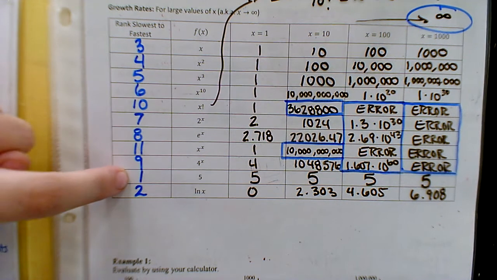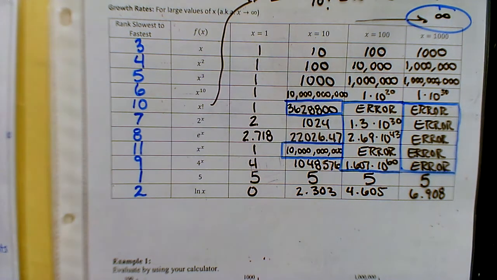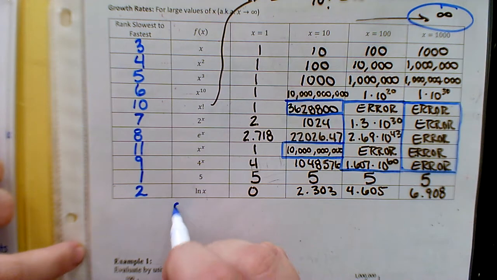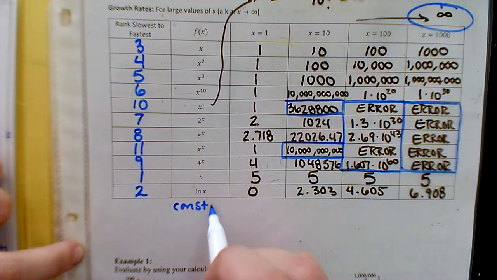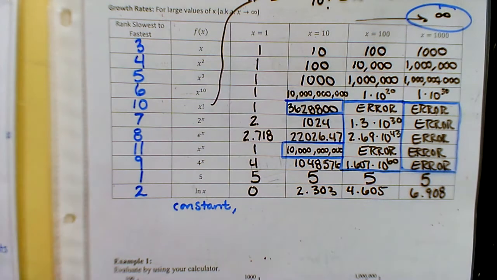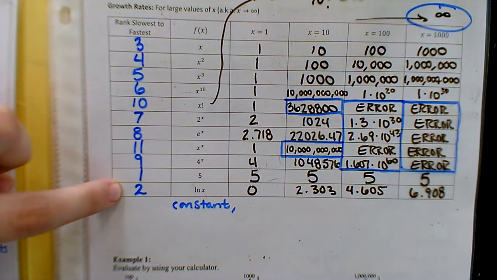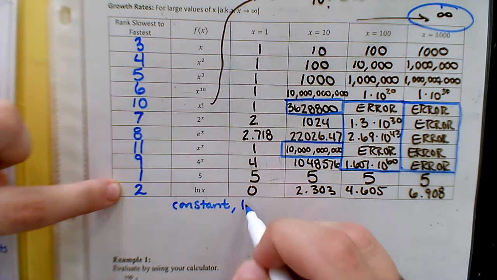So we said the slowest one was 5, but how might you classify the function 5? By what name is that function? If it's just a number, it's considered constant. Okay, so constant is the slowest growing function. After that, we said the natural log was the next slowest.